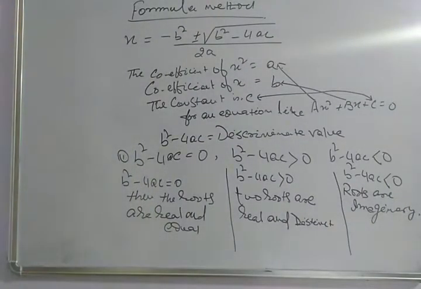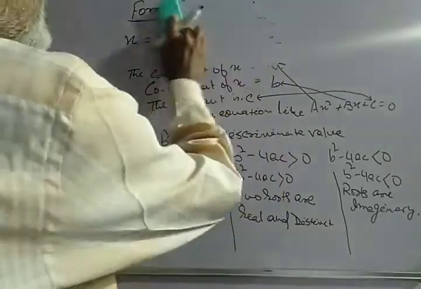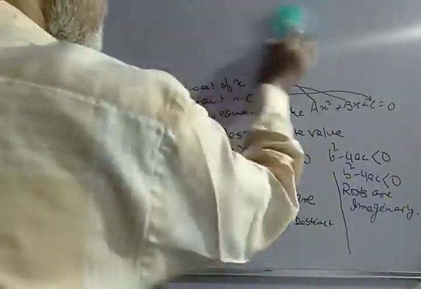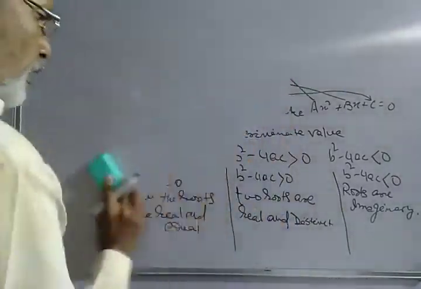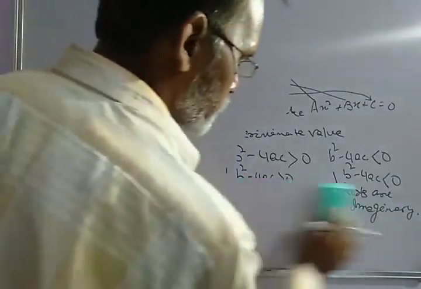The third one is the relationship between the sum of the roots and the product of the roots.